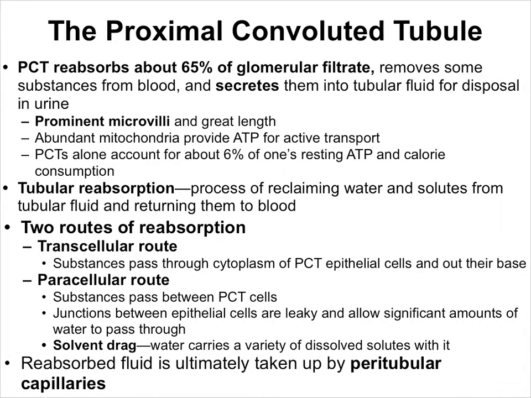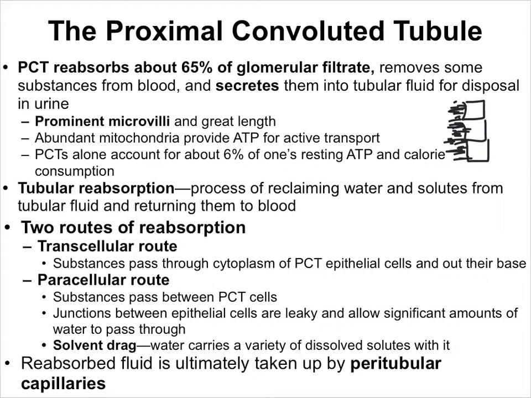The cells of the proximal convoluted tubule are mostly like cuboidal epithelium, and they've got a brush border of microvilli to increase surface area. All of that increased surface area is necessary to get a very fast reabsorption rate.